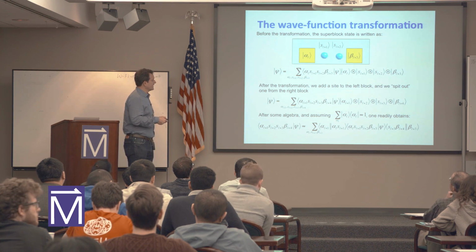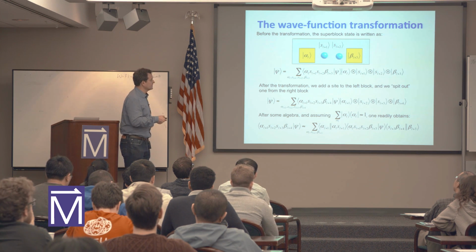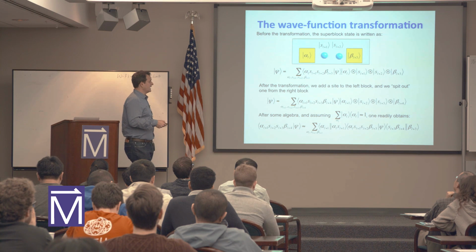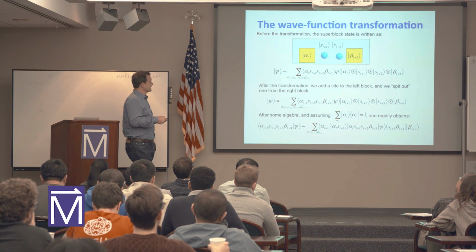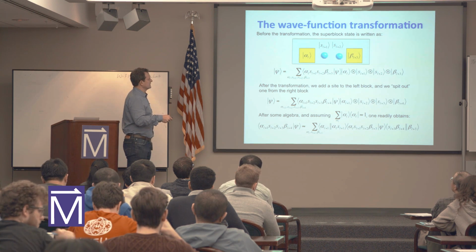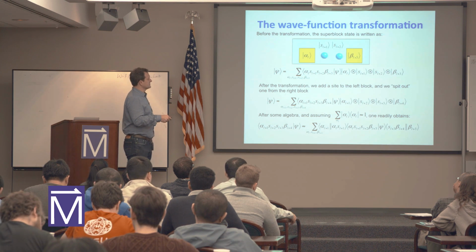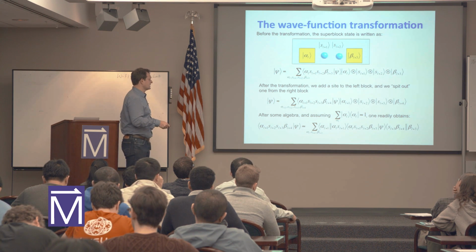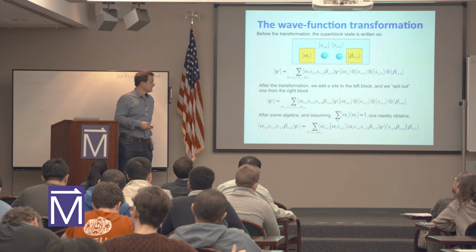Right? So it's just a unitary transformation on the wave function. The thing is that we need to apply two unitaries. We need to apply a unitary to the left and a unitary to the right. And this is what I just wrote here. So basically, if you write your basis in terms of the left block, the spin, and the right block, you need to group these two, transform them to the new basis, these two, transform them to the new basis, and you get the new wave function after the rotation.